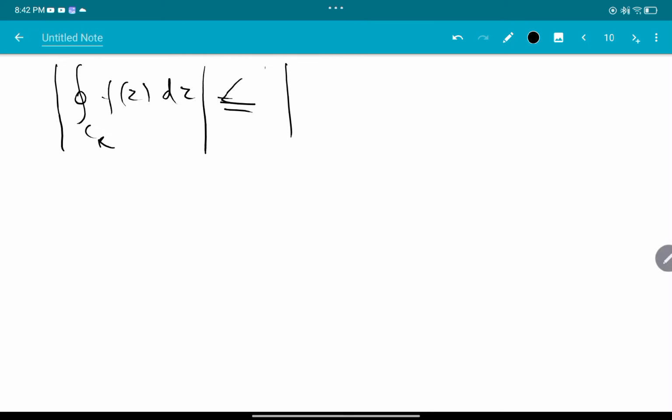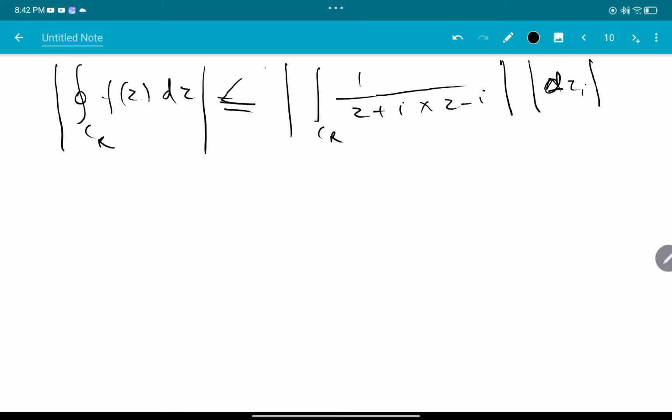This integral over C_R of 1 by (z plus i) into (z minus i), and then this modulus of dz, and the integral of this. Now this factor is the path length, that is pi r, and this factor we found just now: 1 by this, z plus i, I have to substitute.